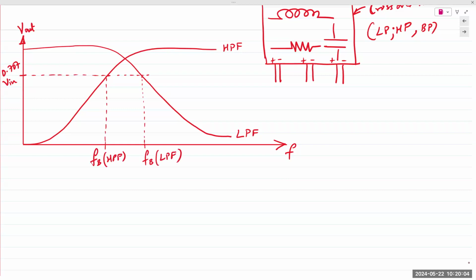You combine both of these together, depending on the values of the components, you can design break frequencies to be on either side. And between the two break frequencies, we can state that there is a band of frequencies that are allowed to pass through. Hence, a band pass filter.